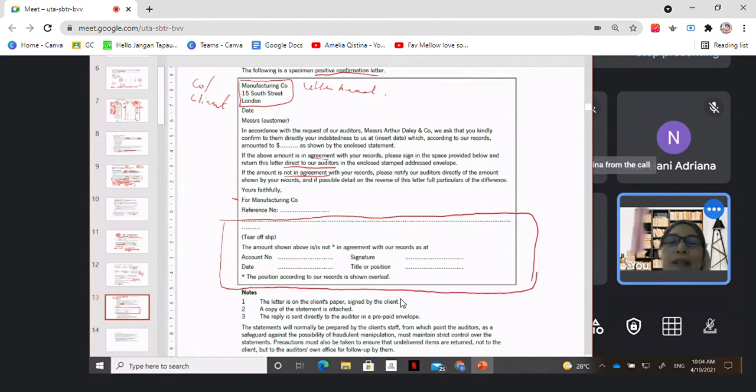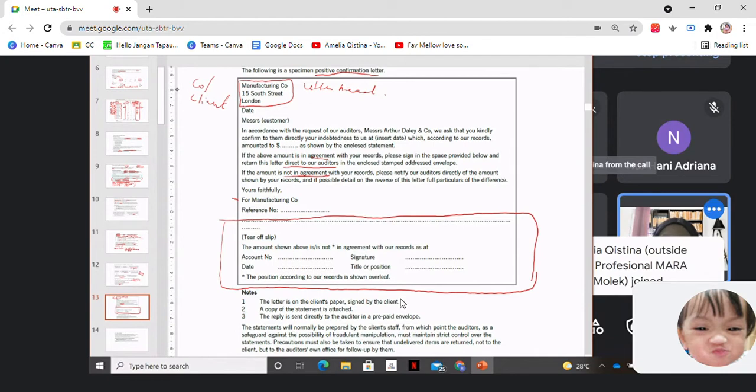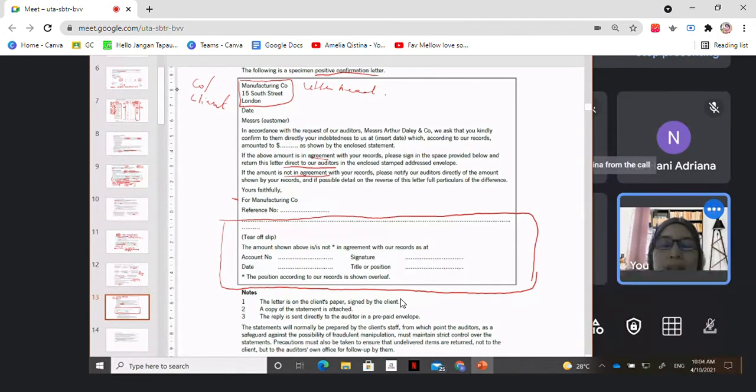Okay. So the tear-off slip: the amount shown above is or is not, so if agree, is; if not agree, is not, in agreement with our record as at. Then account number, date, signature, title or position of the client, the account receivable, and the position according to our record issued overleaf.